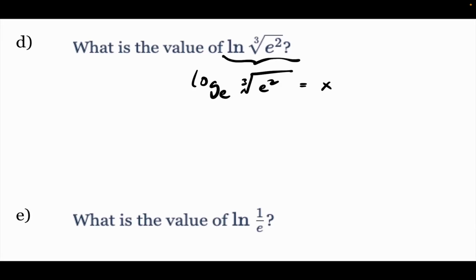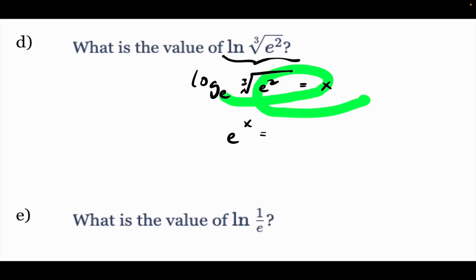And I have to figure out what that is equal to. So I'm still finding the exponent part. e to the x power equals the 3rd root of e squared.